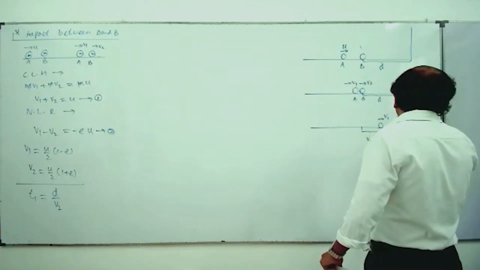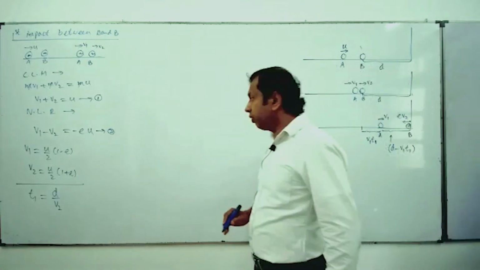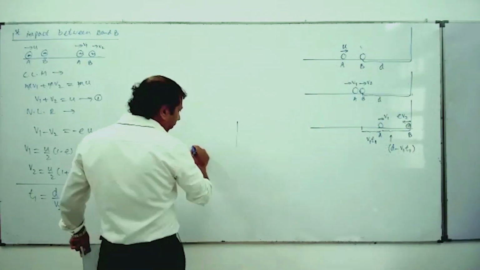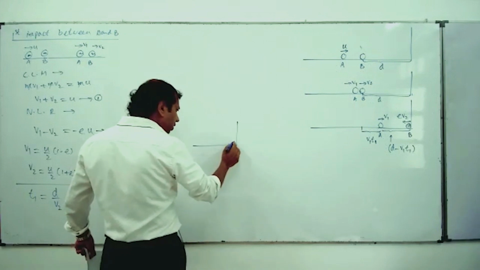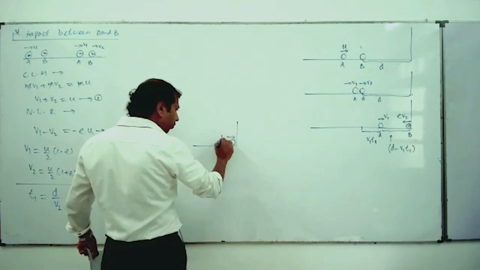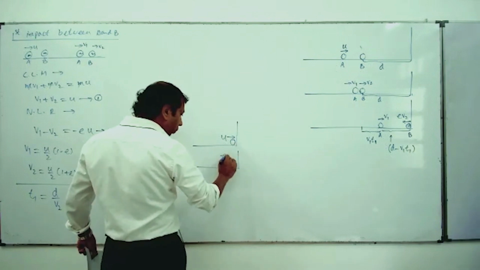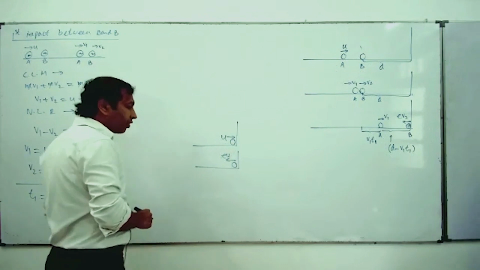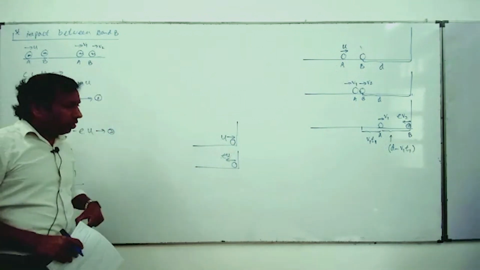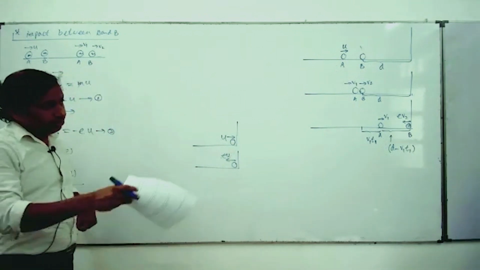That we know from the lesson we learned. What are the things we learned there? When a particle strikes a fixed plane with velocity U, it rebounds with EU. E means the coefficient of restitution between the wall and the particle. Therefore, it rebounds with E V2.